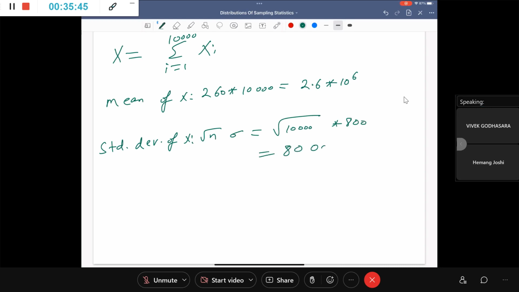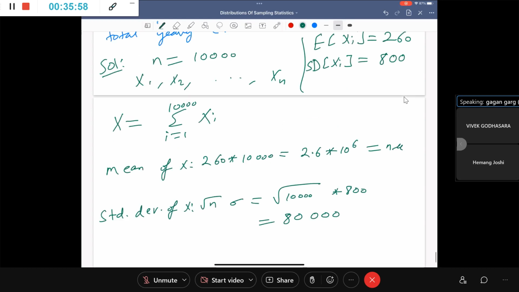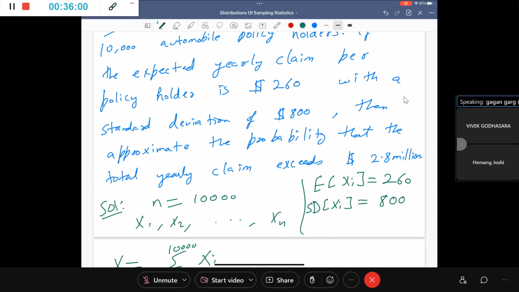Okay. So we know the mean of x, we know the standard deviation of x. Now this is n mu. This is root n into sigma. So now what is the probability that you want to compute? The total yearly claim is what we have called x. So this total yearly claim is your x.